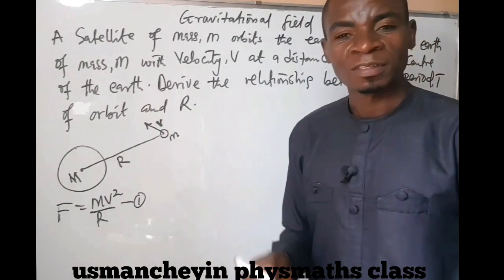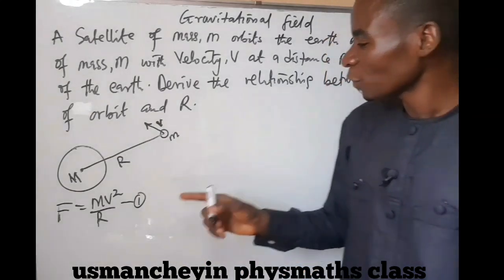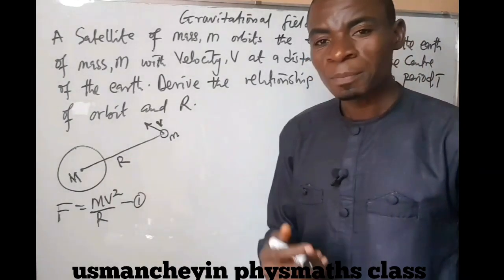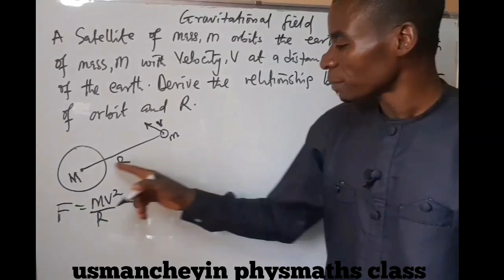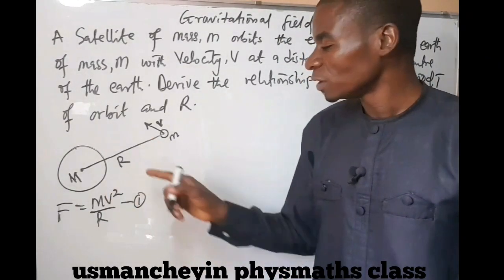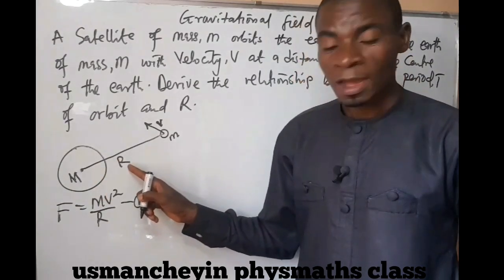The universal gravitational law. Okay, the man said that the force of attraction between these two masses is directly proportional to the product of the masses and inversely proportional to the square of the distance separating them, and the distance separating them is what? r.